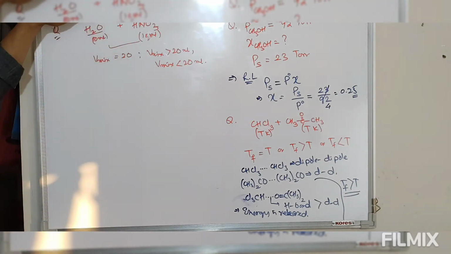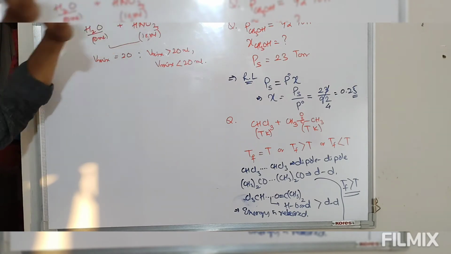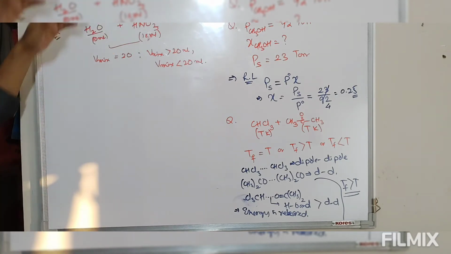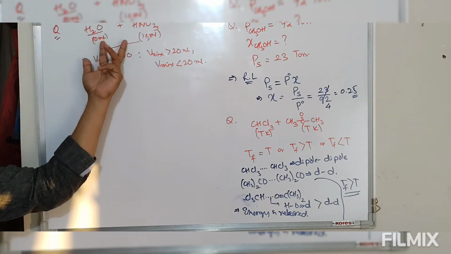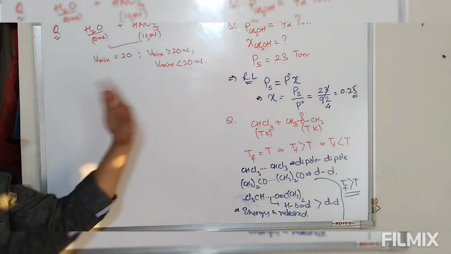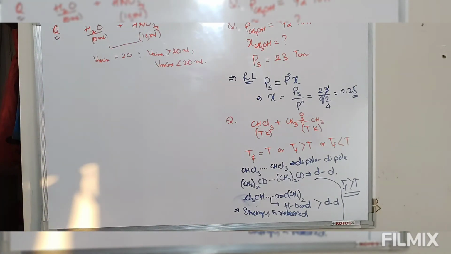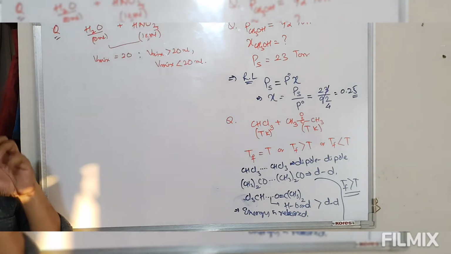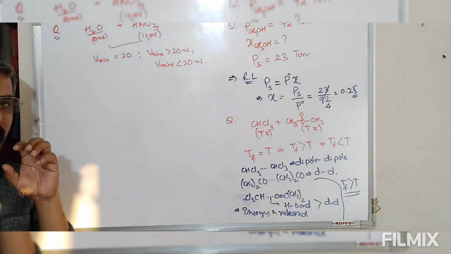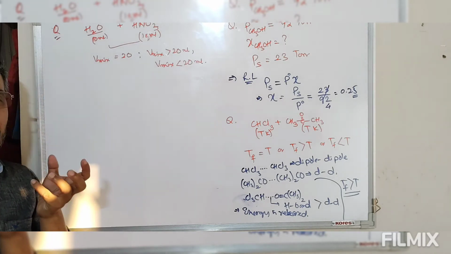We have taken two liquids, water and nitric acid, 10 ml each. After mixing, what is the final volume of the solution? Will it be equal to the sum of the initial volumes, or greater than or less than it? Again, we have to see whether this solution forms an ideal solution or a non-ideal solution.